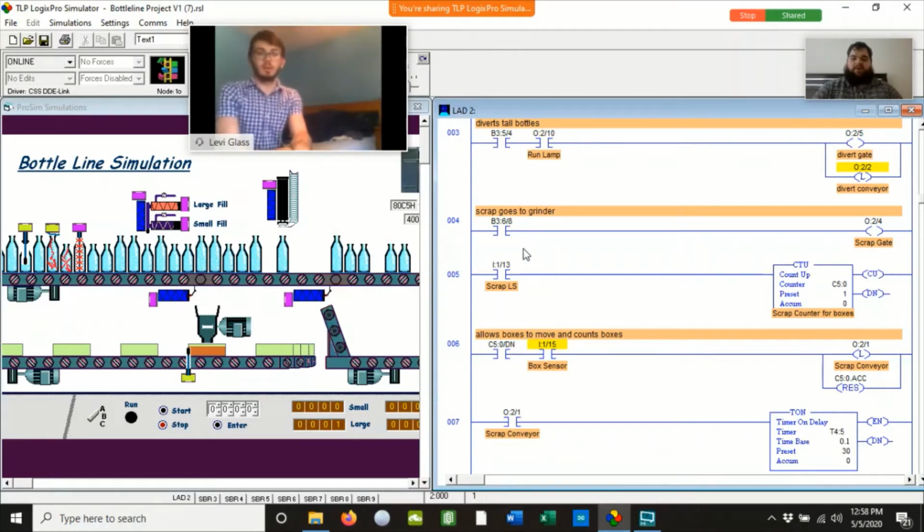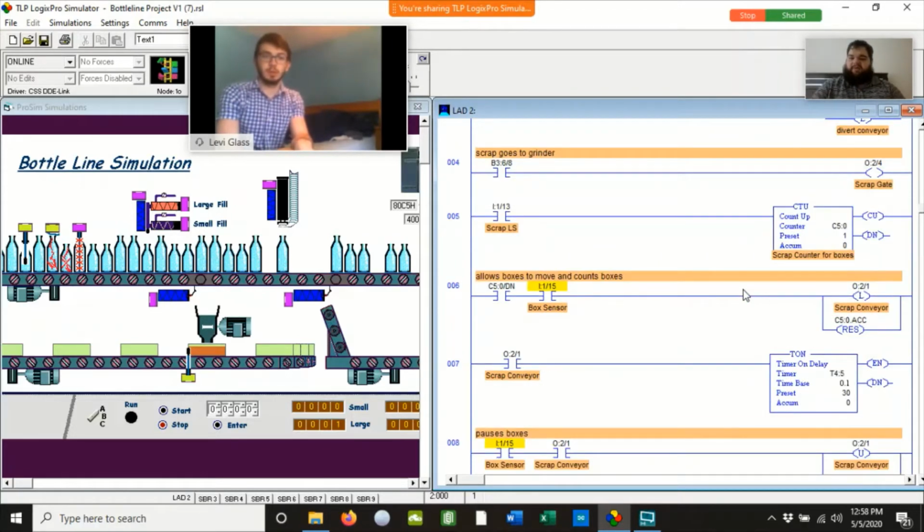When the bit shift has acknowledged that bit has turned on, this will allow power to pass on that rung, allowing the scrap gate to turn on, which then will turn on the limit switch and begin the count process of the scrap bottles. So that's what we've used to solve that particular problem.